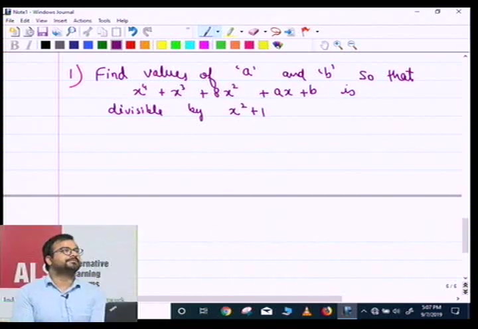Tamenglong, it is not minus 7, it is plus 7.